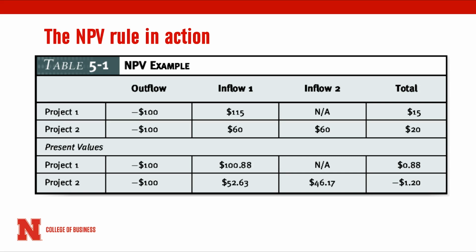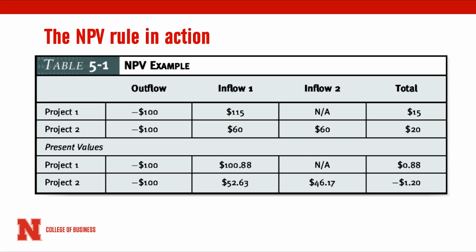On the other hand, Project 2, which remember did have higher total cash flows, 60 plus 60 or $120 million, seemed not only like a good investment, but possibly even a better investment than Project 1. We see that when we calculate present values, that's not the case. The present values of the two cash flows occurring at time 1 and time 2 are $52.63 million and $46.17 million.